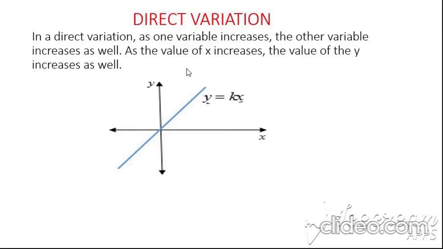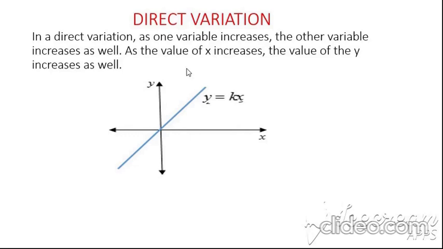Okay, now let's do direct variation. In a direct variation, as one variable increases, the other variable increases as well. As the value of x increases, the value of y increases as well. So as x is increasing, y is also increasing.